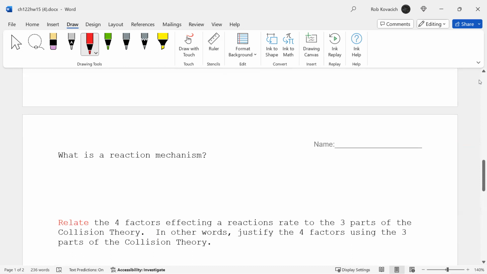So reaction mechanism, what do you guys have for that one? Just a diagram showing how the molecules collide, how that turns into what the end reaction is, or the end product.